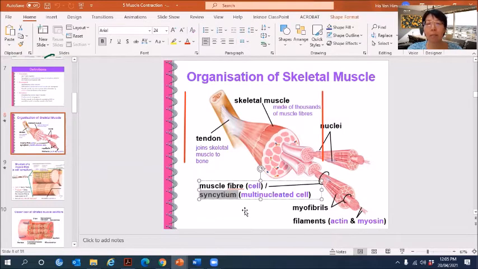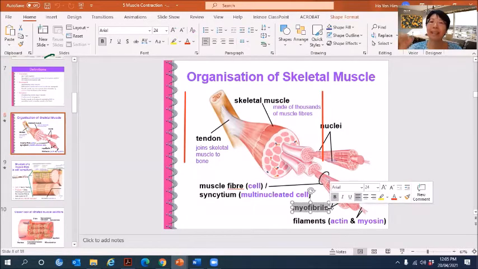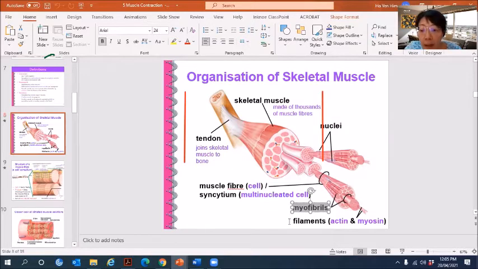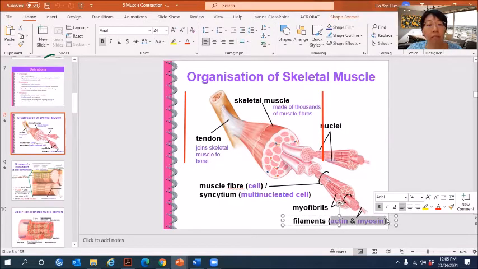And of course, inside the muscle cells you have the fibers for contraction. We call them myofibrils. Fibril means little fiber, and myo means muscle. So the myofibril is the little fiber inside the muscle cell, made up of the basic filaments, actin and myosin.